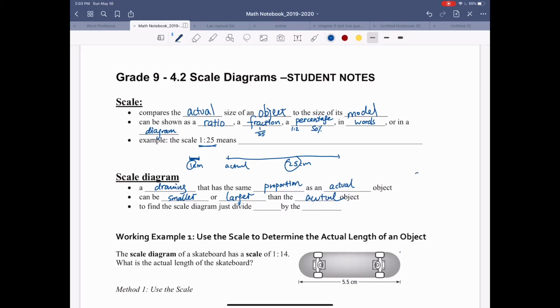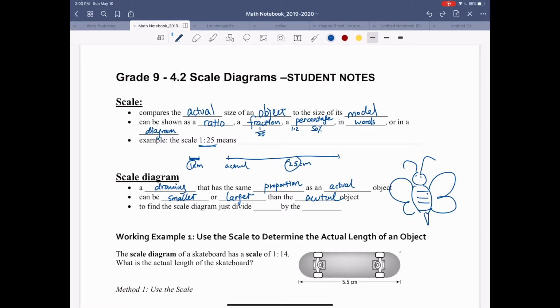Let's say I draw a bee. No bee will actually be this size, because every single bee is way smaller than that, about this size. So my scale diagram is larger than the actual bee.